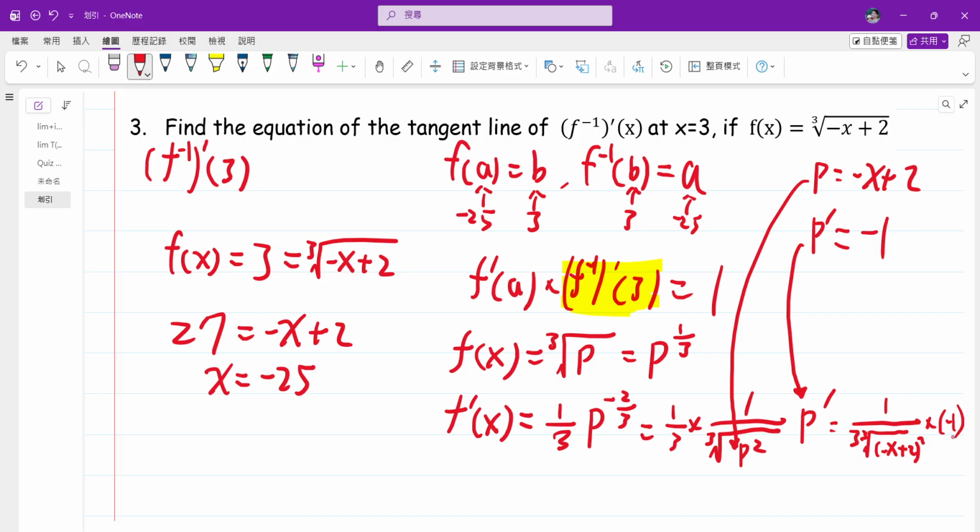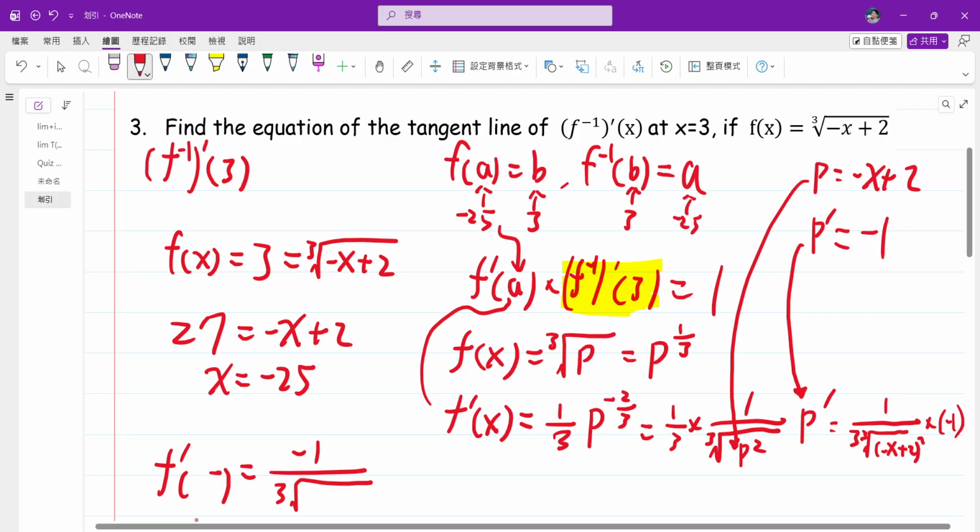And then for the value of this, we have to plug in a equals negative 25 here. Sorry, this is negative.